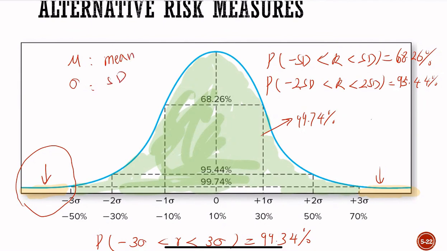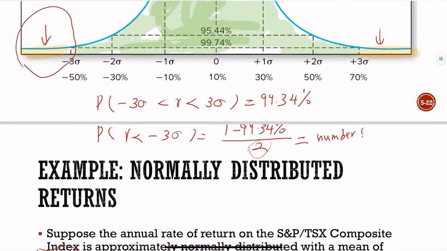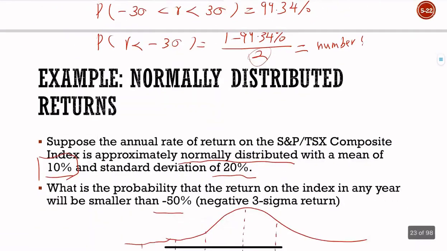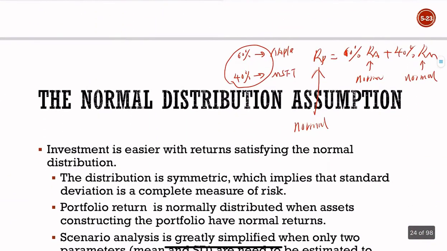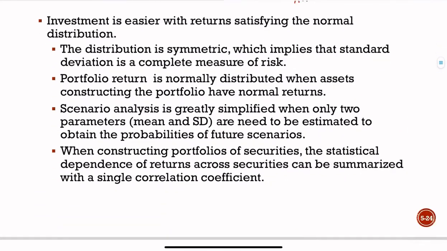So whenever you want to use normal distribution to model investment returns, you only need to deal with two parameters. So this is really simple because some other distributions have more than two parameters. And if you use a more complicated distribution, you can imagine that your modeling process will be more complicated.